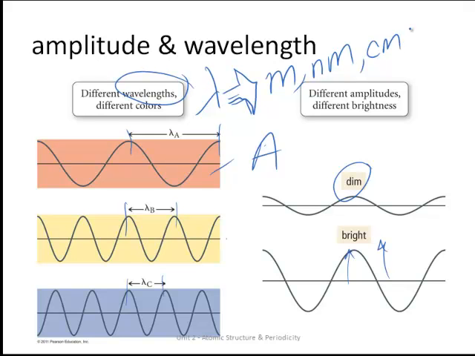It turns out that, as we'll see, depending on what type of region of the electromagnetic spectrum we're measuring, certain units are going to be a little bit more convenient. Okay, amplitude can have units of candela, CD, if this were a physics course. We'll see that this is also going to be a really good indication of how many photons a source is emitting, and we'll talk about that shortly.